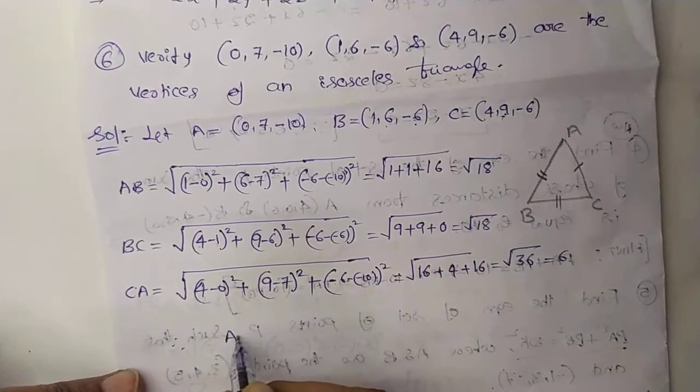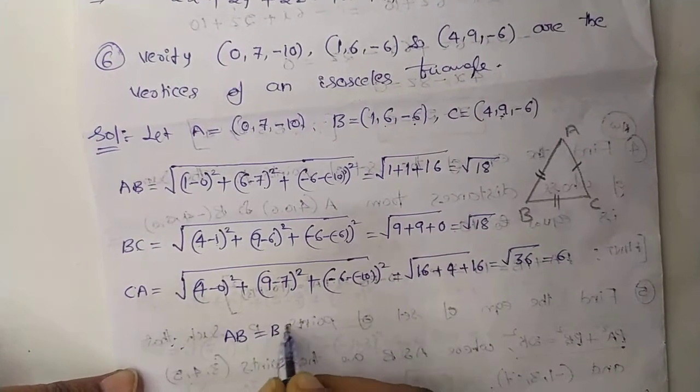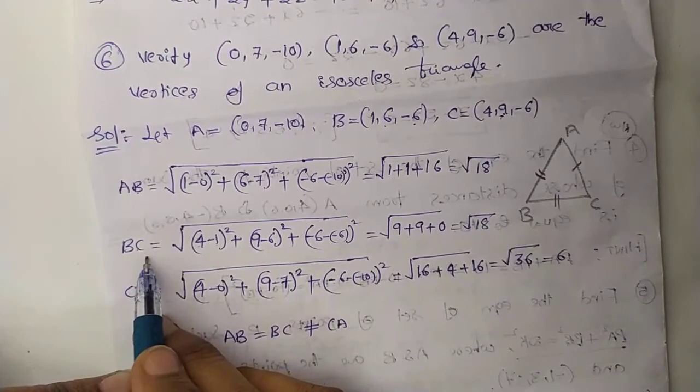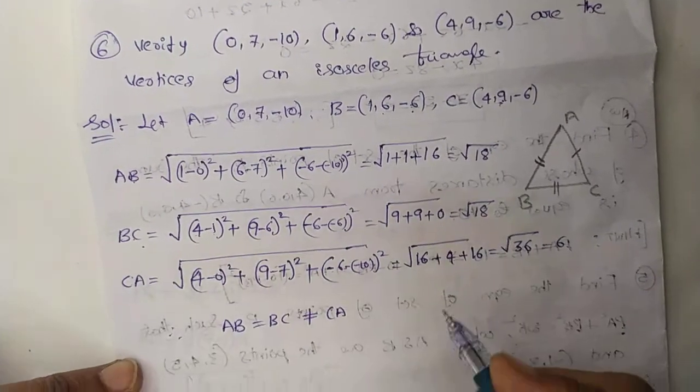Therefore, AB equals BC, which is not equal to CA. AB length and BC length are equal, CA is not equal.